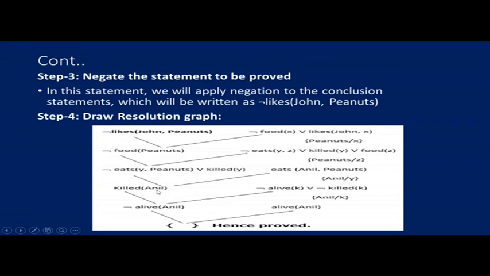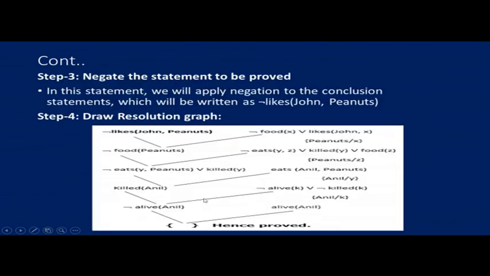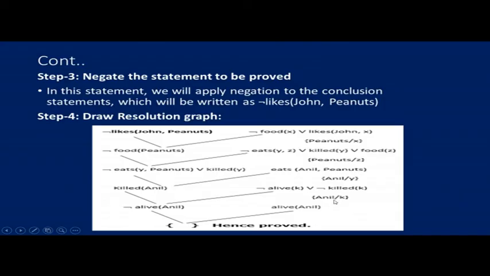So after that, what is the contradiction for this statement? Killed, that is here, killed of g versus union alive of g. So taking this alive of g, that is cancelling these two, that is killed and this killed. So cancelling these two, we get anil, replacing anil to k.